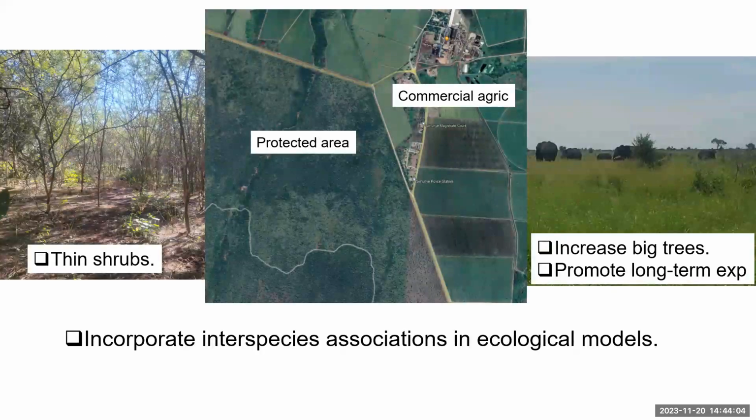So I just wanted to generally wrap this up by saying most of our protected areas, especially on the African continent, are really existing in a sea of intensive land use.